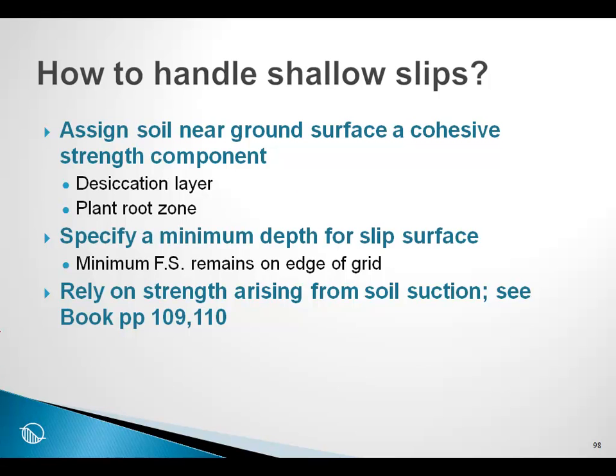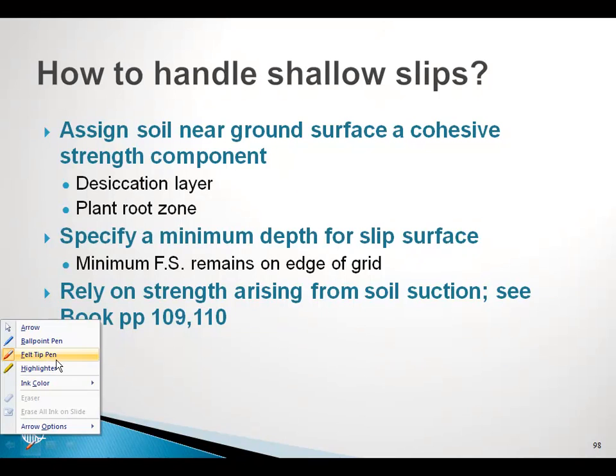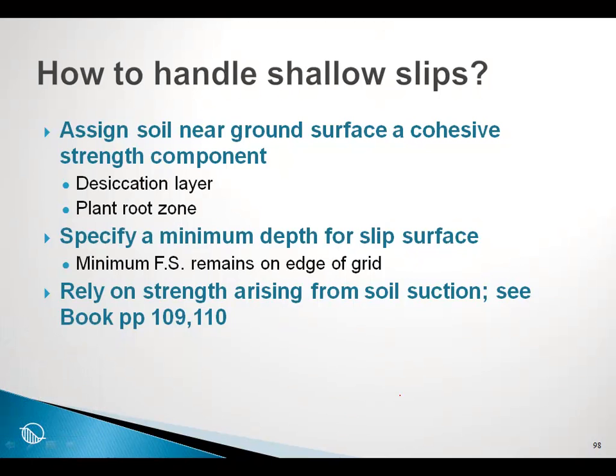Well, there are many different ways of doing it. We could assign soil near the ground surface a small cohesive strength component representing a desiccated layer or a plant root zone. There is an option in SLOPE/W to specify a minimum depth for the slip surface.